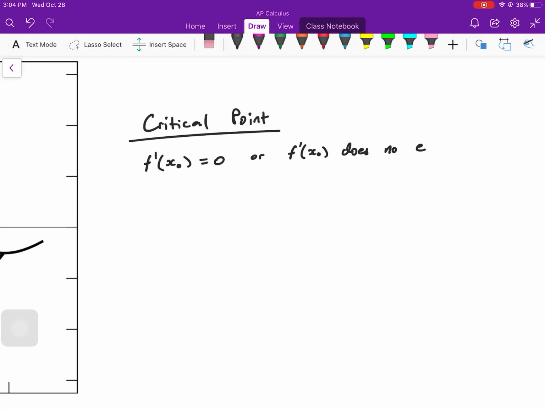or maybe it's not differentiable there. And I put x0 to represent that exact spot. And this can happen multiple times, but when the derivative is 0, or it does not exist, then that's called a critical point.